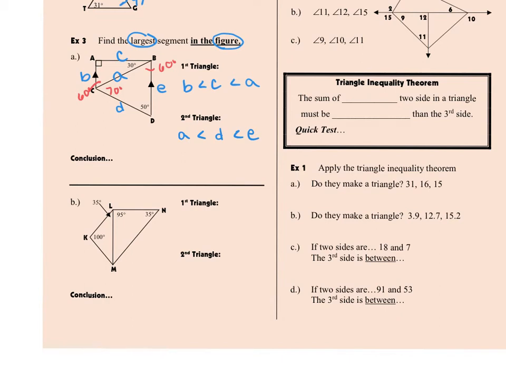Now, what I'm going to notice is that when I look at these two inequalities, side A is in both triangles. So its length doesn't change, but its relationship does. When I connect all these inequalities mathematically, I can see that B is smaller than C is smaller than A, which comes to here, which is smaller than D, which is smaller than E. So I can see that E is the largest side in the figure.